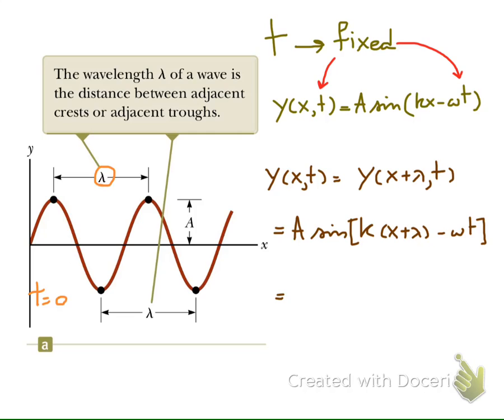Or we have A sine (kx plus k lambda minus omega t). And since the displacement repeats itself when x shifts from x to x plus lambda, and the sinusoidal function has a period of 2 pi, it means that k lambda must equal 2 pi.